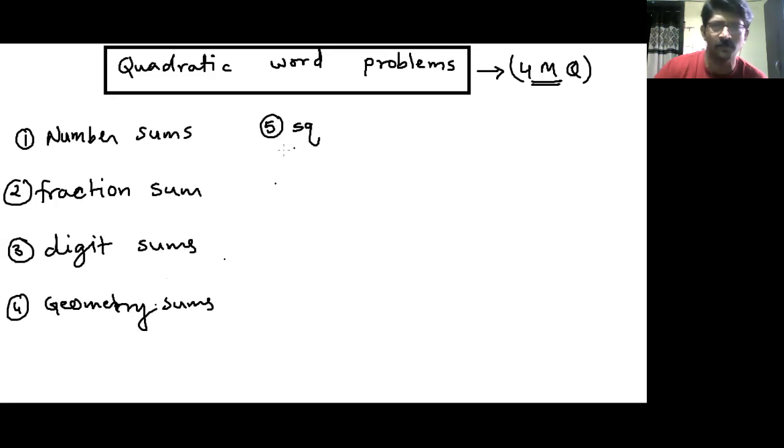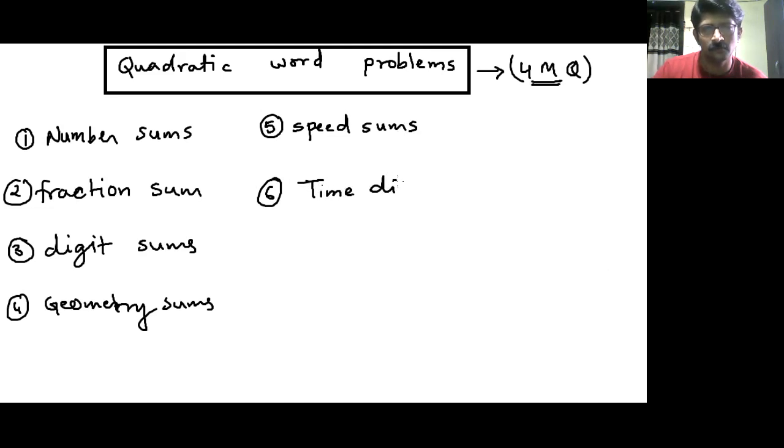That is basically geometry sums. Then you can say speed sums. Then we must have time and distance, time and work.